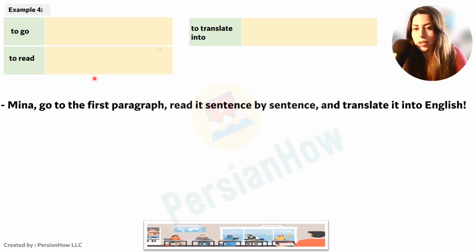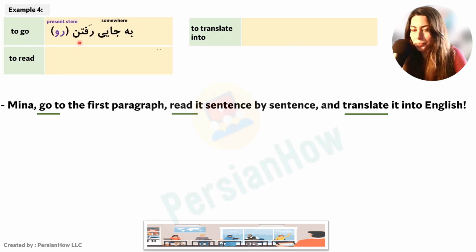Next sentence. So now imagine the teacher is asking one of the students, her name is Mina, to do the following. So the teacher is saying, Mina, go to the first paragraph, read it sentence by sentence, and translate it into English. So here we have three verbs. The first one, go. Read is the second one. Translate is the third one. So to go, رفتن.